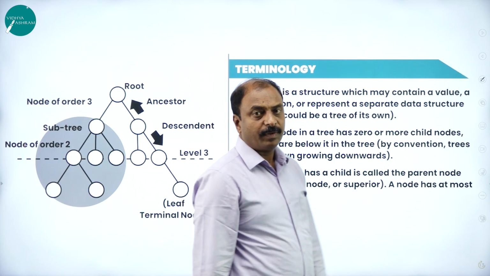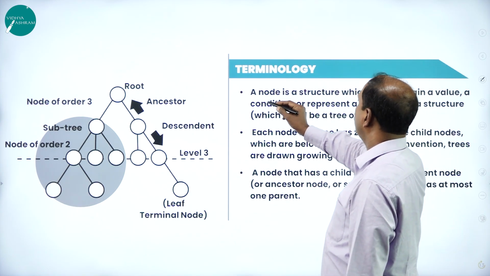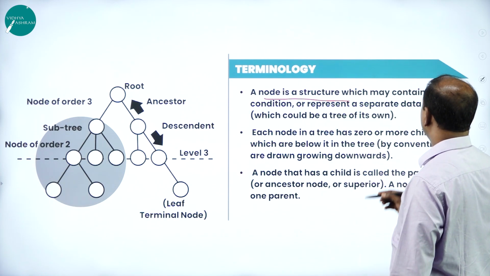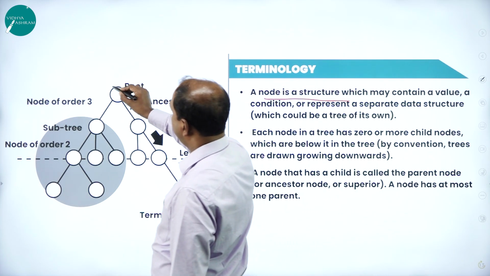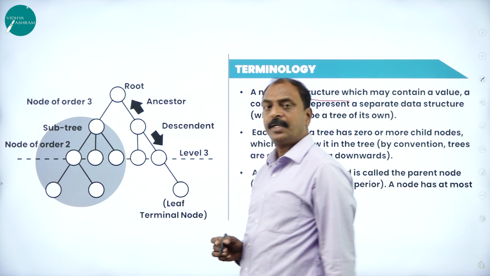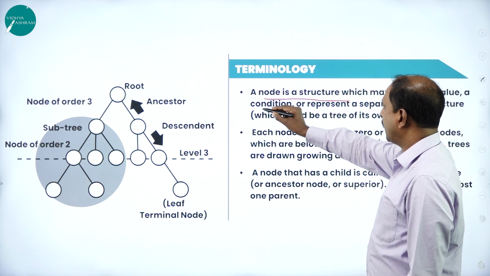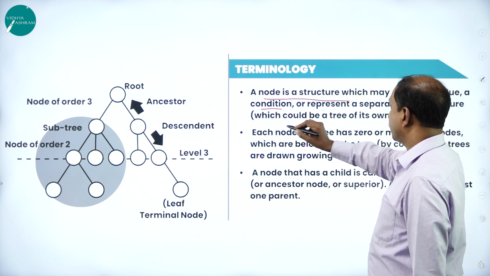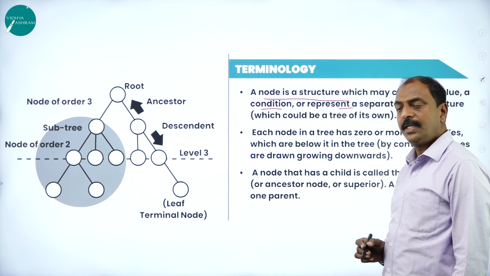Now in the next slide we will see some definitions or terminologies. One is a node. What is a node? It is a place that contains a value or data item, or it can be a condition, or it can represent a separate data structure. That is the content of each node in a tree.